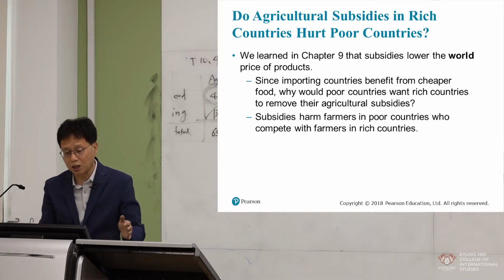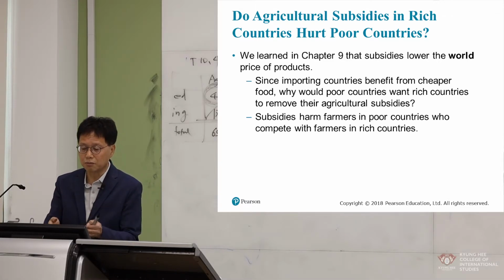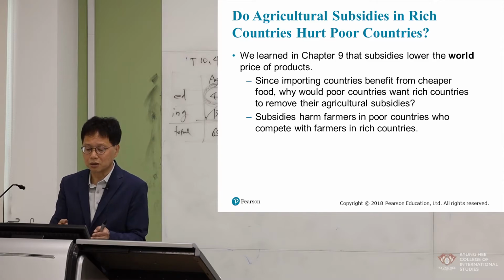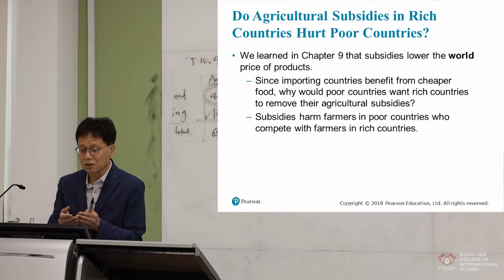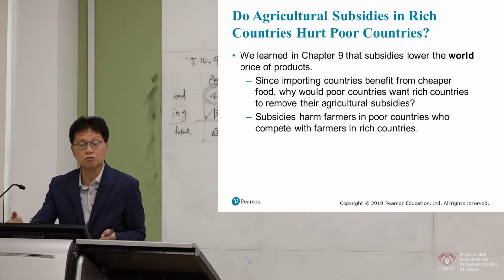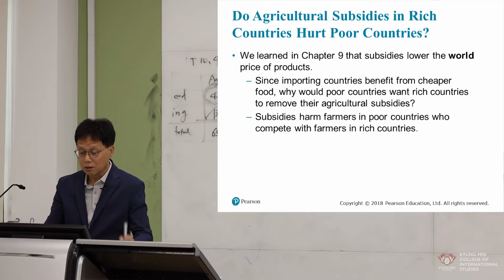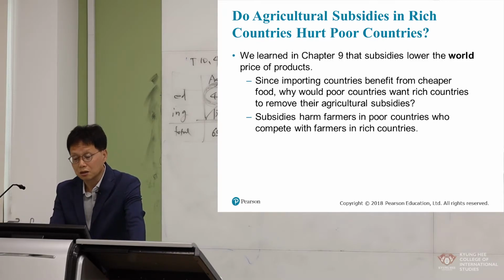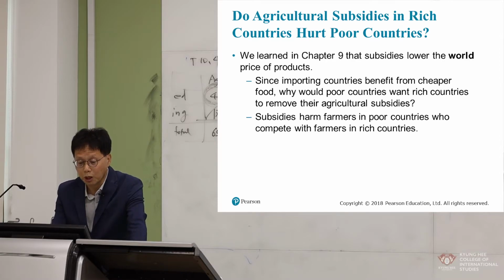And in Chapter 9, we already studied that this kind of subsidy policy in developed countries, right, results in lower price. That means poor developing countries can access these agricultural goods at a cheaper price than otherwise. In spite of this fact, developing countries object to developed countries' agricultural subsidies. Why? That is the question of this slide.